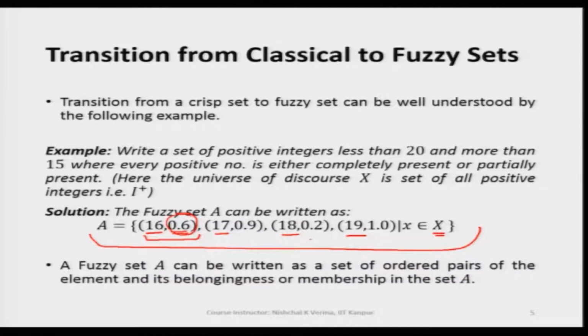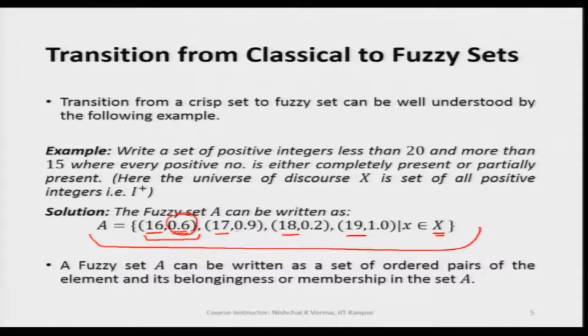So, if we see here that a fuzzy set is the ordered pair of all the elements, where the first element of this pair is the element, and the second element of this pair is the membership value. So, 16 comma 0.6 means that 16 is present with 0.6 membership value.